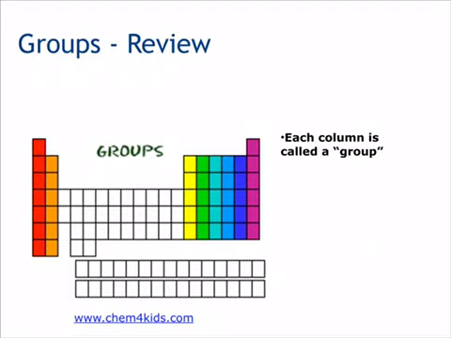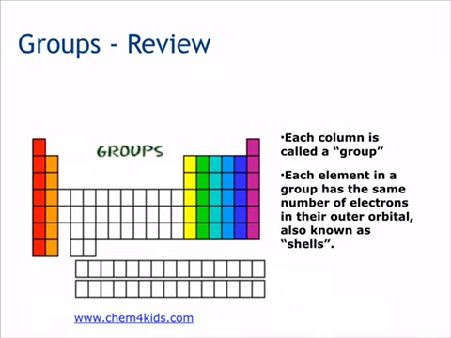Each column is called a group. We sometimes call those groups families because elements in a family have similar properties. Each element in a group has the same number of electrons in its outer energy level, so the number of valence electrons is the same for elements within a group.